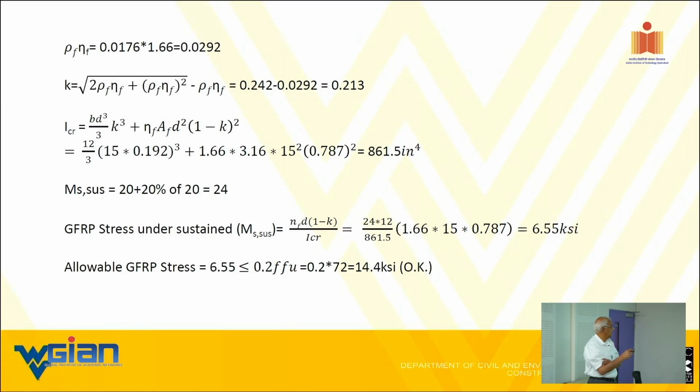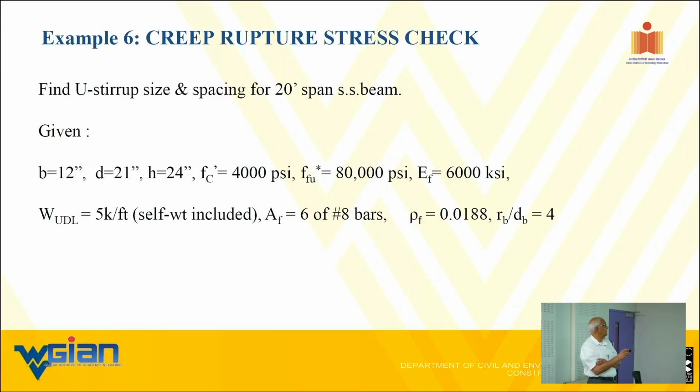So the allowable stress is 6.55, less than 0.2 fy, 14.4, therefore that check is good. So creep rupture: find U stirrup size and spacing for a 20-foot span simply supported beam.